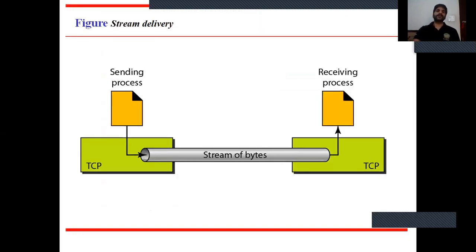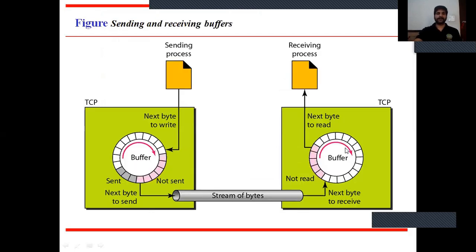First, stream delivery. It means the sending process in TCP sends a stream of bytes in order, and the TCP receiving side receives them for the receiving process. The sending and receiving buffers work as shown in the figure.